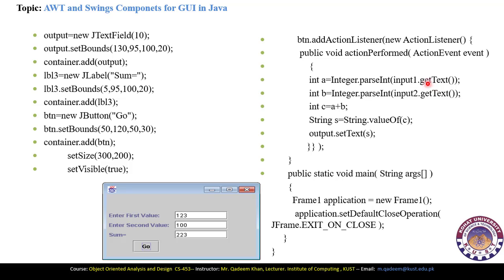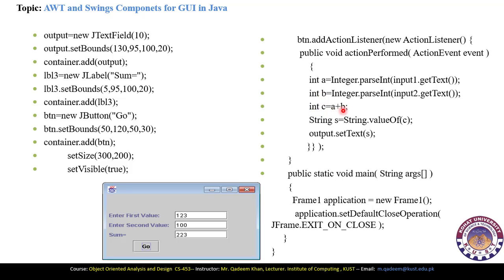So it takes input from the input 1 text field, and then it typecasts that input because by default that is a string. So using getText, it takes the input as a string and typecasts it into an integer, and then it is assigned to A, which is an integer value. Also, we have Integer.parseInt(input2.getText()). It is also typecasted and assigned to B, which is an integer variable.